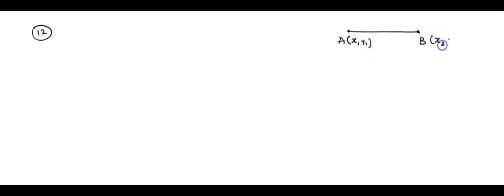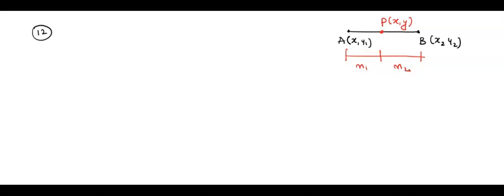B coordinates are x2, y2. Then we have a point which is called P. P of x, y is the point which is dividing the line AB in the ratio m1 is to m2.